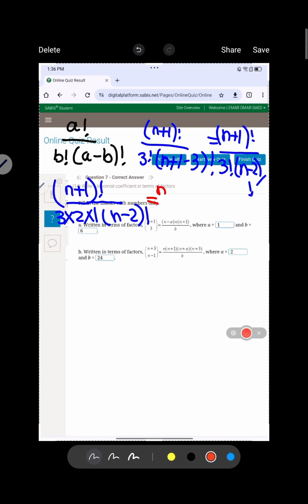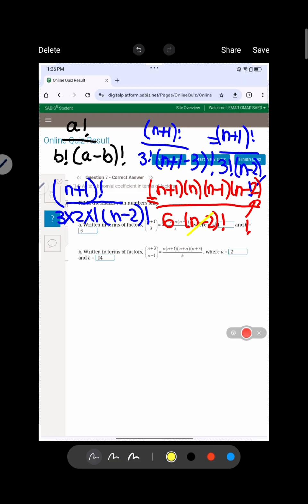So, n plus 1, n, not n plus, because you're going down, n minus 1, and then (n minus 2) factorial. And then 6 and (n minus 2) factorial. Here there's a factorial, don't forget that. Then you can cancel.